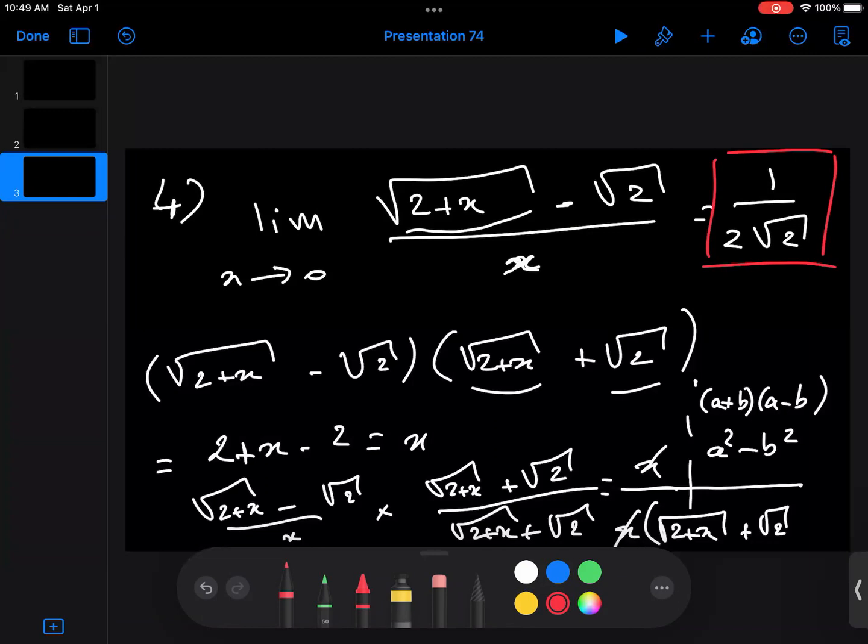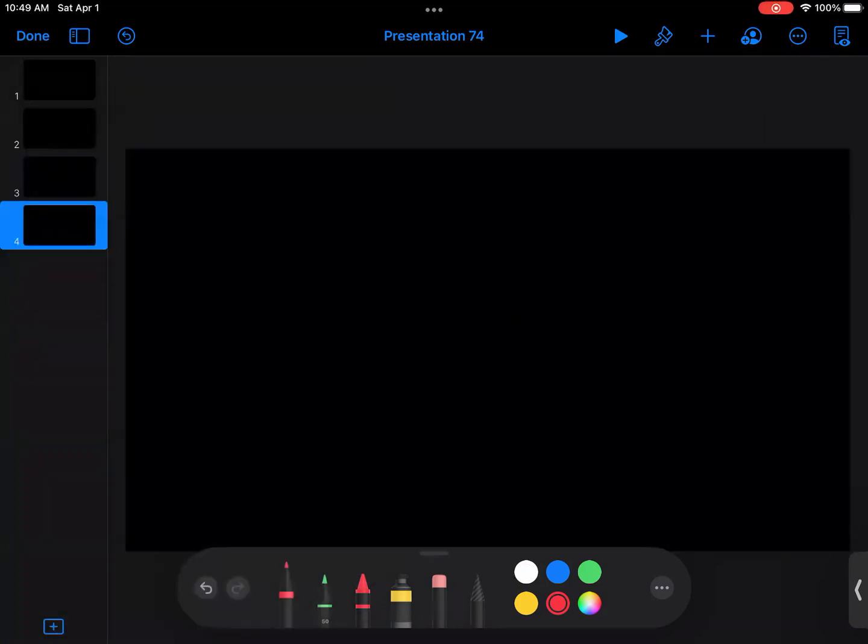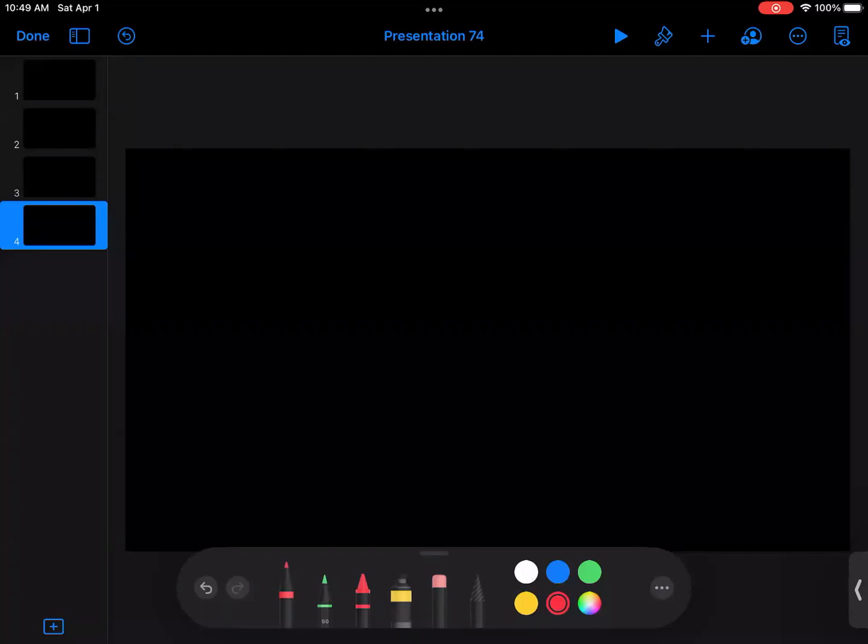So, can you do the same computation when, let's say, a is a positive number?